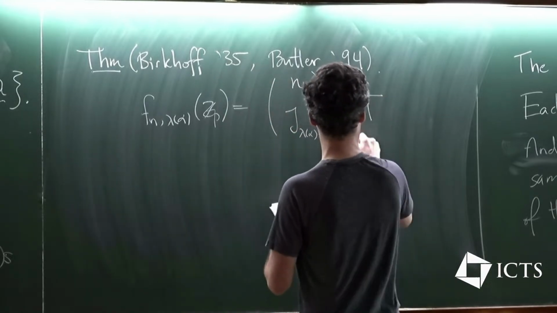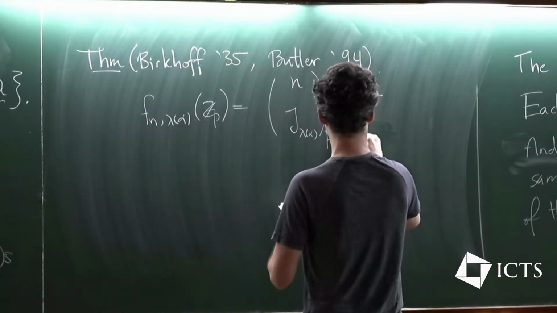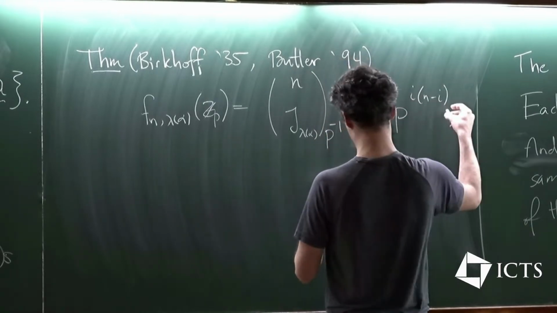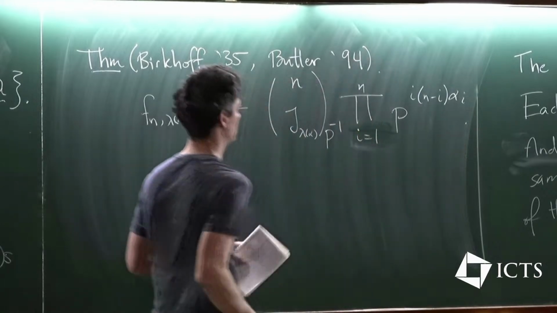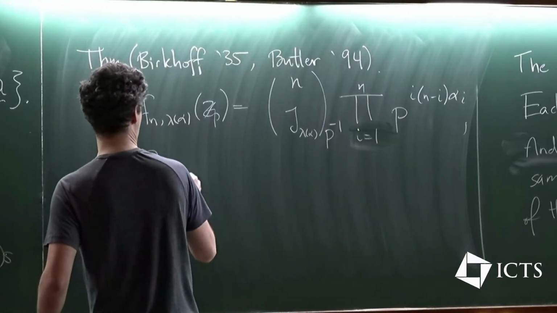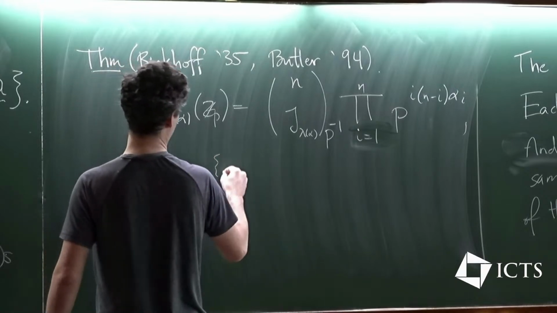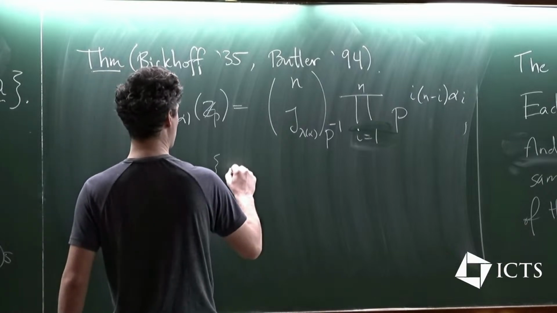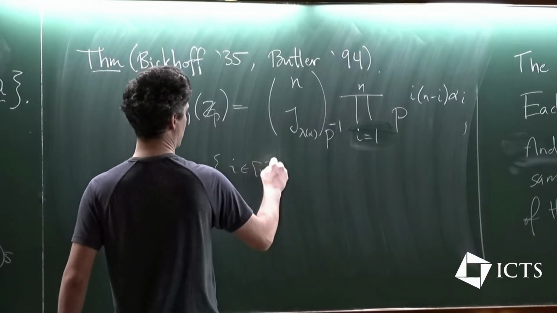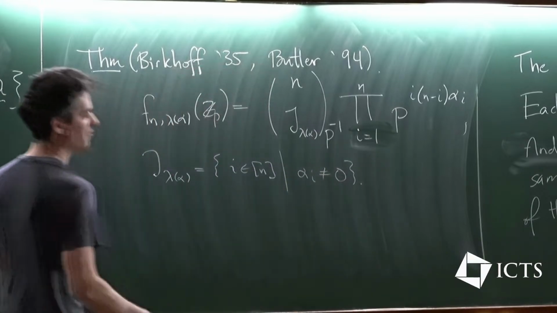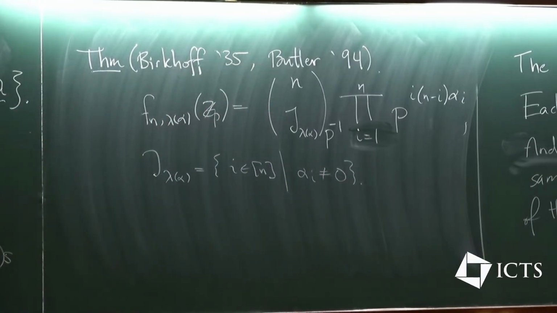Product, given by this. Oh, and maybe I'll say what the j is. The j of lambda alpha, I'll write in terms of alpha, coming from the jumps of this partition, but it's going to be all the i's in 1 to n where alpha i is not 0. The alpha i's record when this thing jumps. So you get something like that.